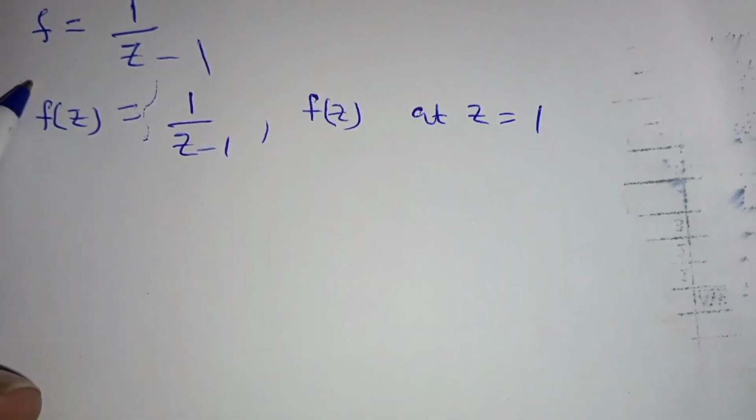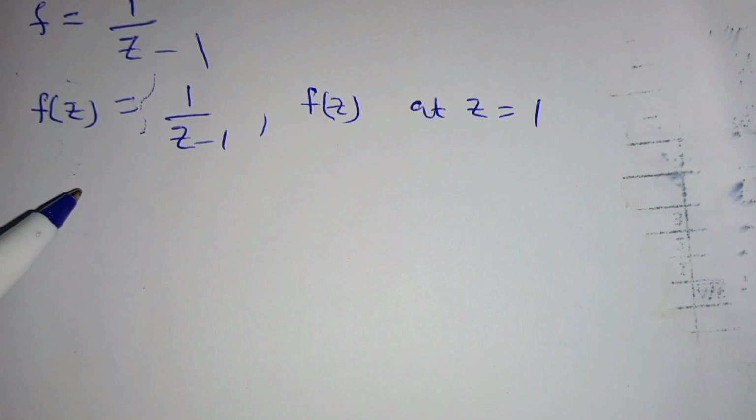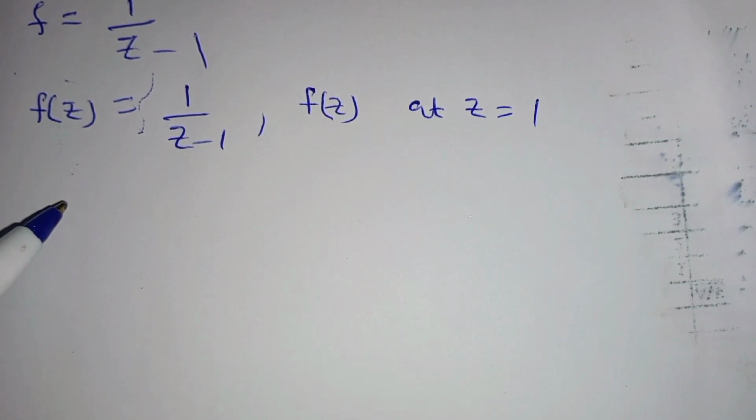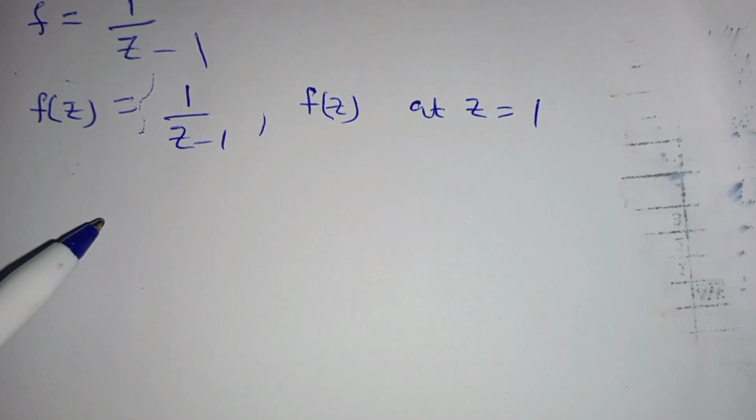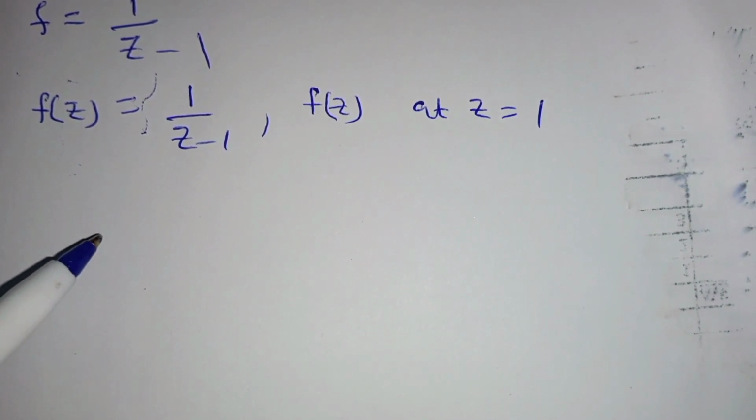So we are going to look at singular points in this study. The point where the function is not defined is referred to as a singular point, whereby it does not exist. It is called a singular point.